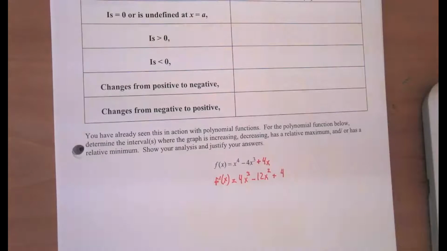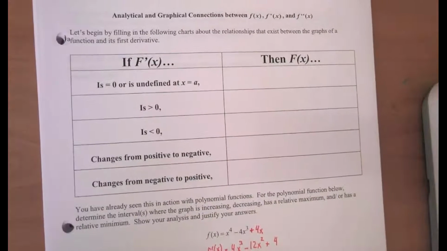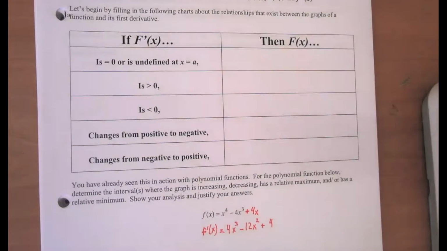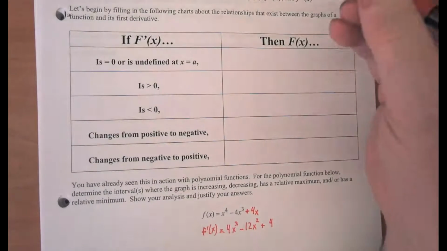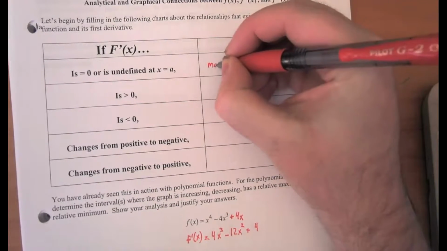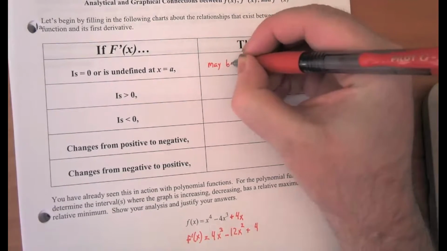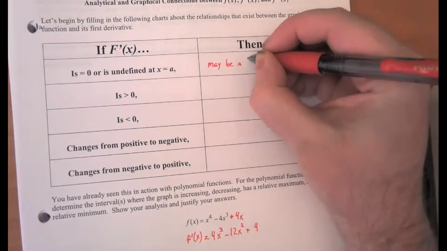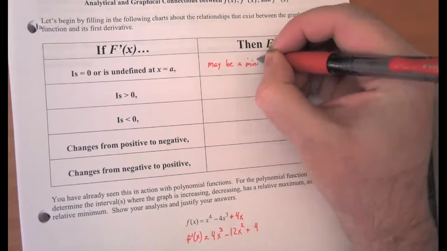All right, so I am going to show you what I've got for this. If f prime of x is equal to 0 or is undefined, then f of x may be a minimum or maximum.